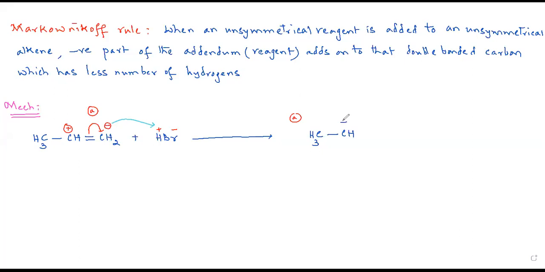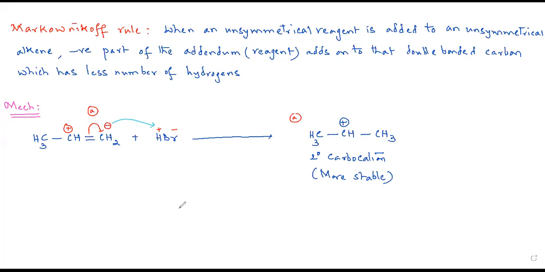I'll be left with this. This becomes CH, so it's a 2-degree carbocation. In this case, the 2-degree carbocation is more stable. The other one we get is a primary. So when compared to primary, 2-degree is more stable.